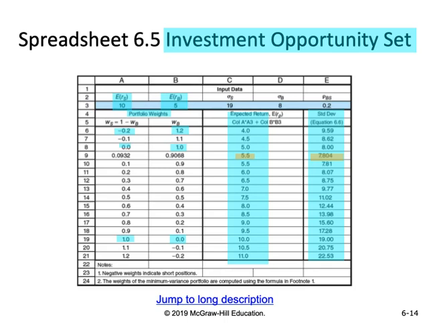Now, remember we talked about the Sharpe ratio? We defined it as expected return minus the risk-free return divided by standard deviation. So the Sharpe ratio gives us a kind of benefit to risk ratio, so that we can measure if it's worth the extra volatility.